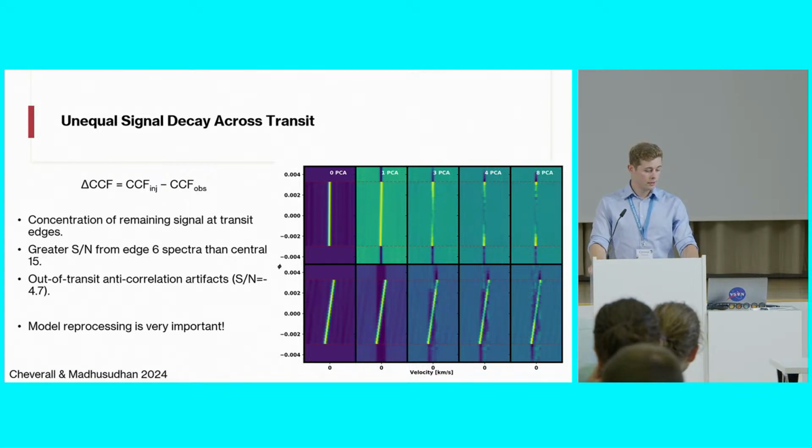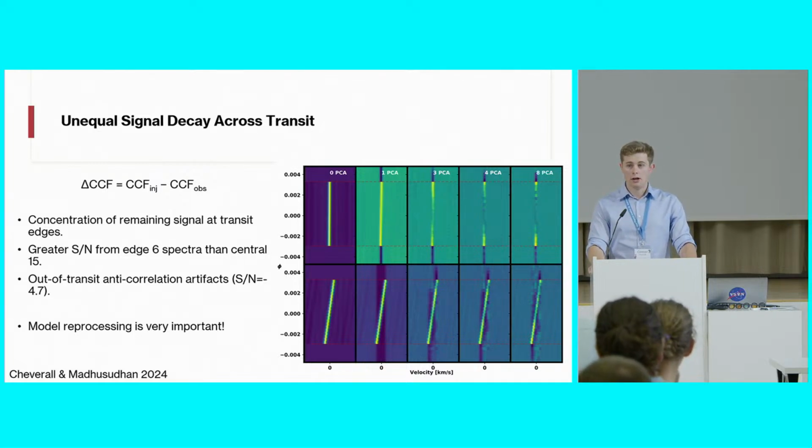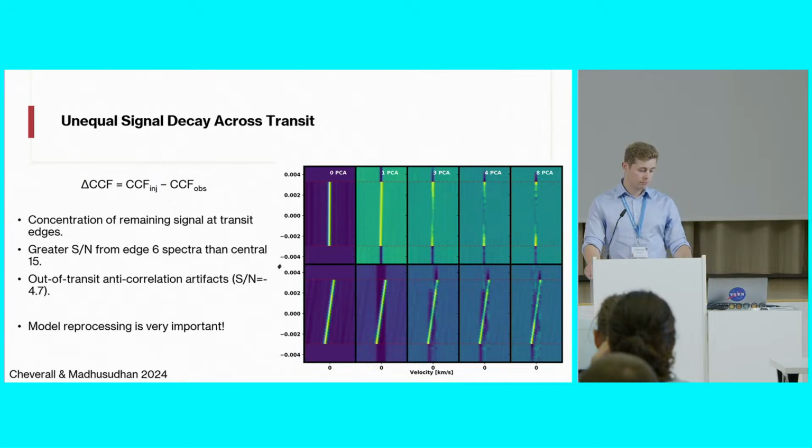The other thing that stands out in this plot are the strong anti-correlated out-of-transit artifacts, which for the temperate planet are actually in trail. So I think both of these suggest that model reprocessing is particularly important if we're going to do low-velocity planets. Not that it's not important if we do hot Jupiters. And that's probably for two main reasons.